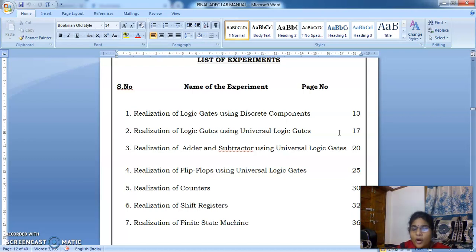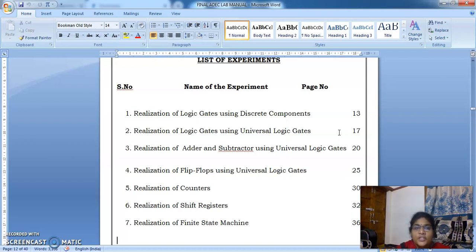We are all familiar with the logic gates: AND gate, OR gate, NOT gate, XOR, XNOR, NAND, NOR, all of them. And discrete components like diodes, resistors and transistors. By using these we need to construct our logic gates. So this is our first experiment.